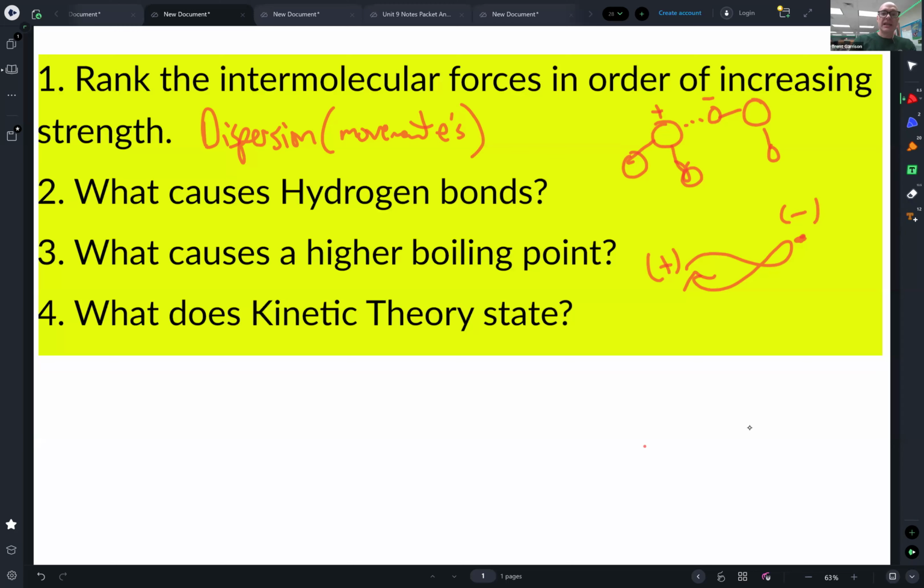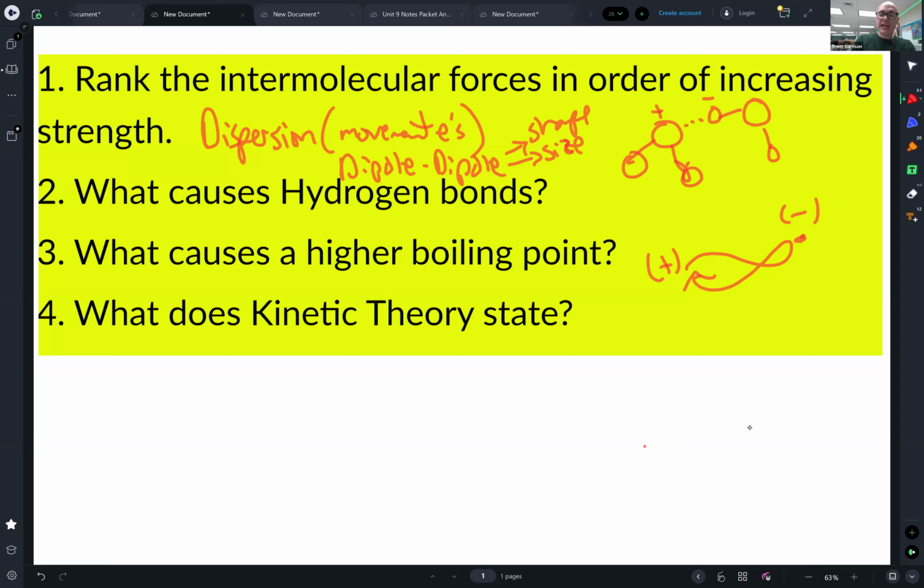The second is a weird name, dipole-dipole. Why they name it twice, I can't quite answer, but it has to do with shape and size. So that sounds like polarity. That's what we dealt with polarity.